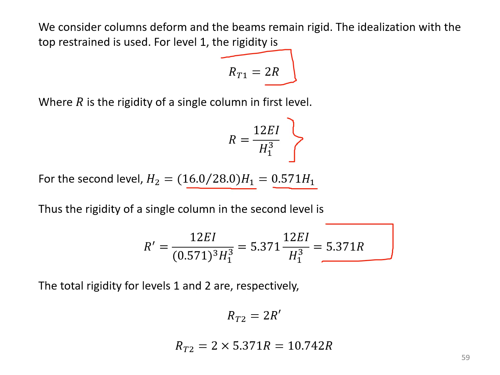Then, at the end, we can put numbers in there. For the second level, we have 2 columns. So RT2 would be equal to 2 R prime, and each R prime is equal to this value. So now we have, in terms of R, RT2 as 10.742 R. Okay?